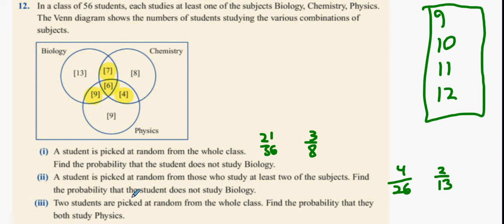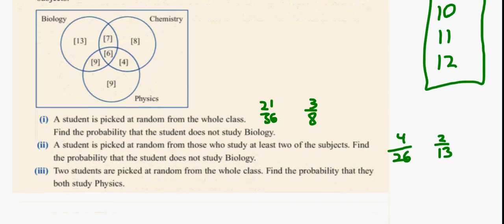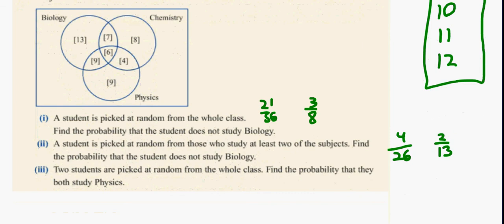2 students are picked at random from the whole class. Find the probability that they both study physics. That's very different than usual. Okay, so you pick one student. What's the chance he studies physics? How many physics is there? Is that 28? 28 out of?